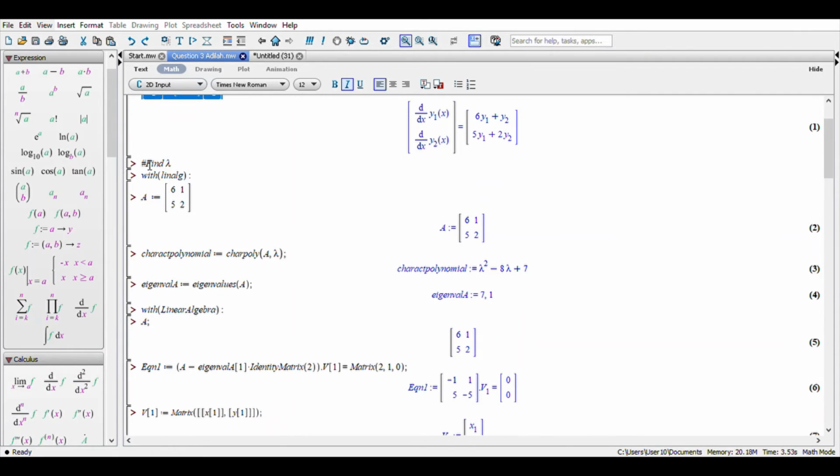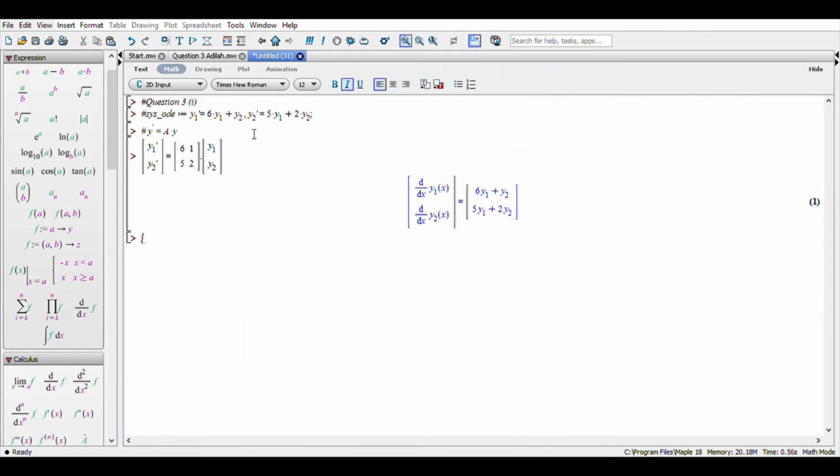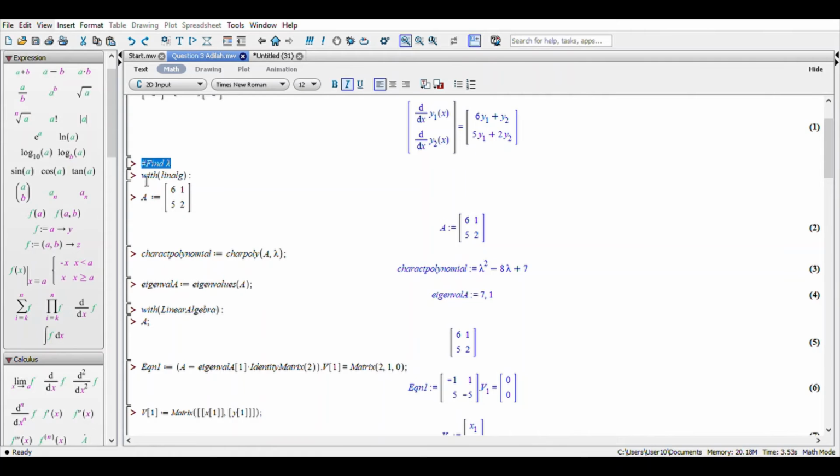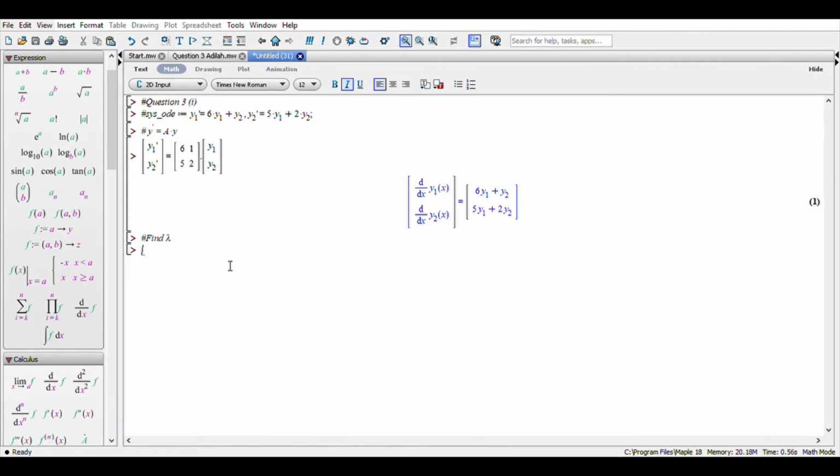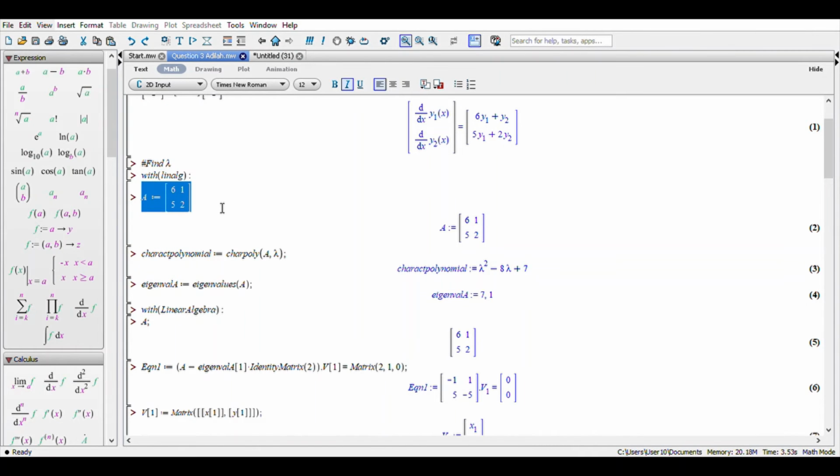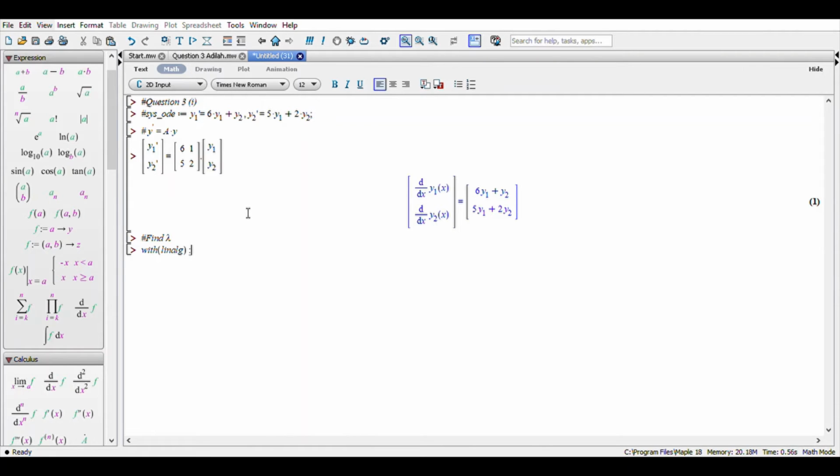And then after that, we are going to find the value for lambda. We will use this command, which is with linalg, which is linear algebra, to make the code execute successfully.